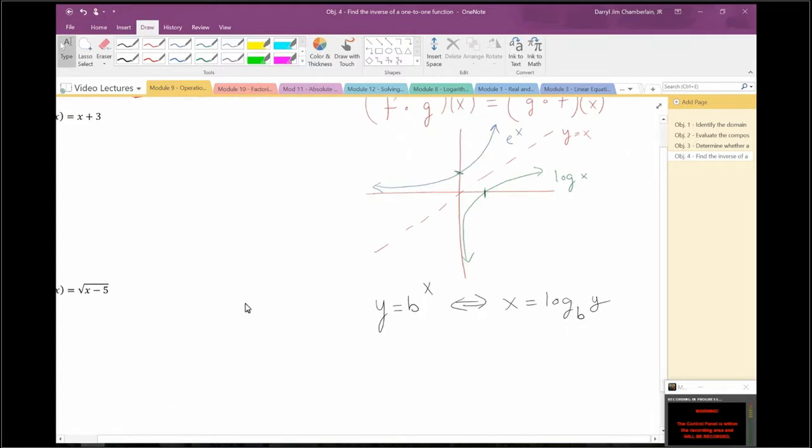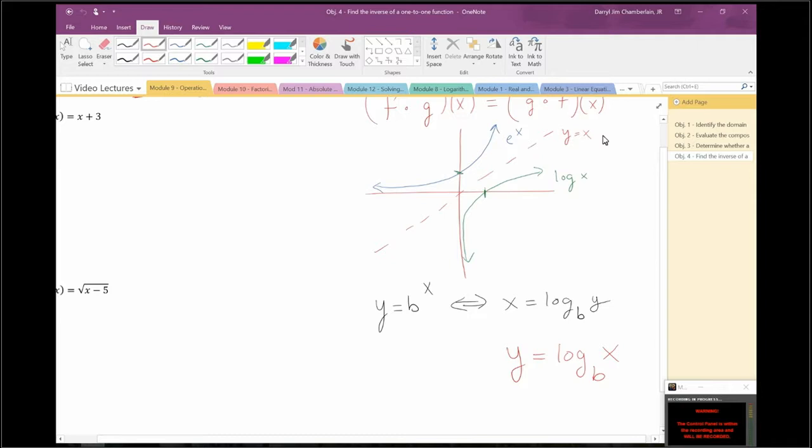Well, what do you notice about this log and how we would normally write it? It's just that the x's and the y's are flipped. And that is what it means to flip it across the line y equals x.